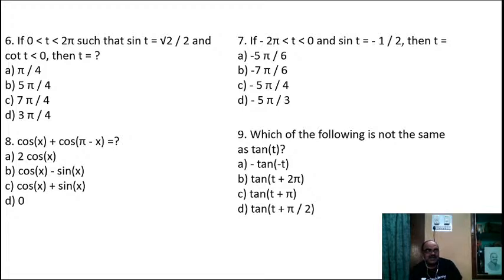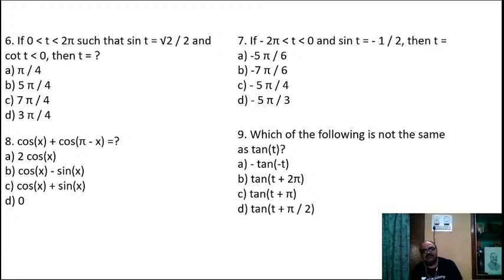When there is 180, cos remains as cos. But in the second quadrant, cos will be negative. It is minus cos x. Cos x minus cos x. The whole world knows that this value was found by Indians. That is 0. Is that clear?